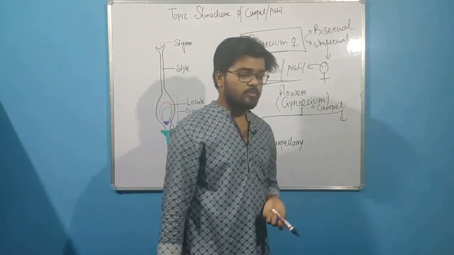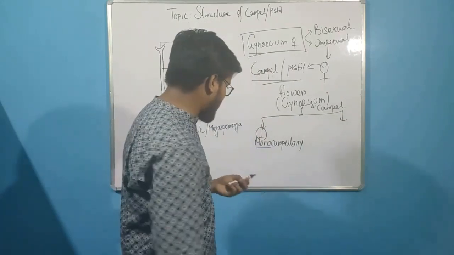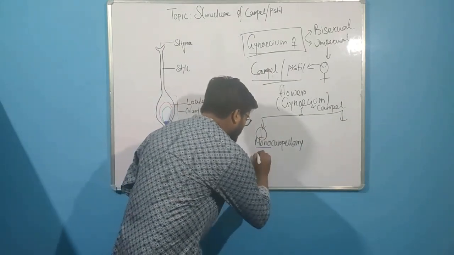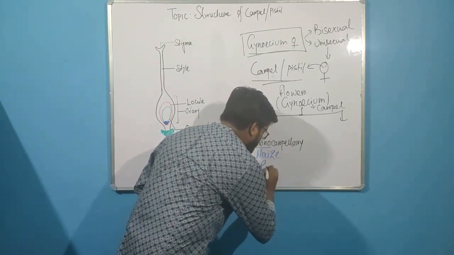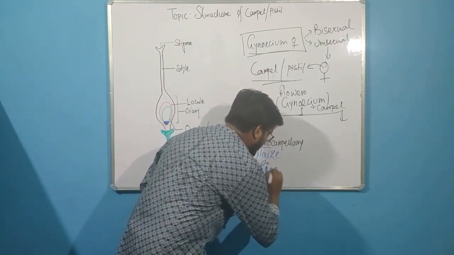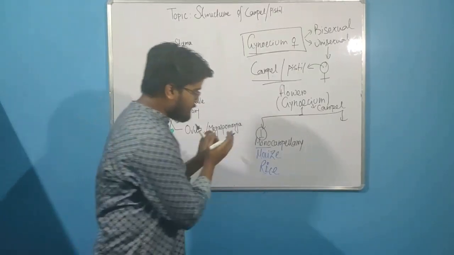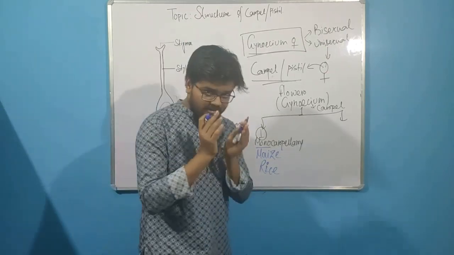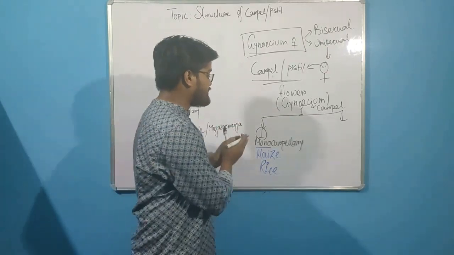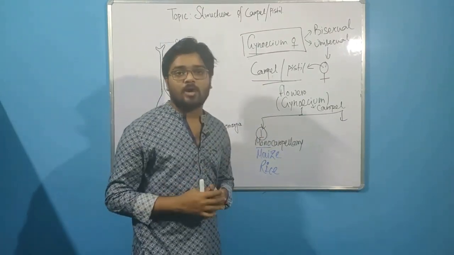What are the examples of monocarpellary? Commonly, maize and rice. These are the common examples of monocarpellary. That means in the flower of maize and rice there is only a single carpel, so it's called monocarpellary.